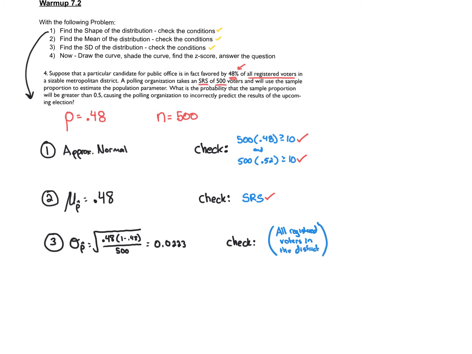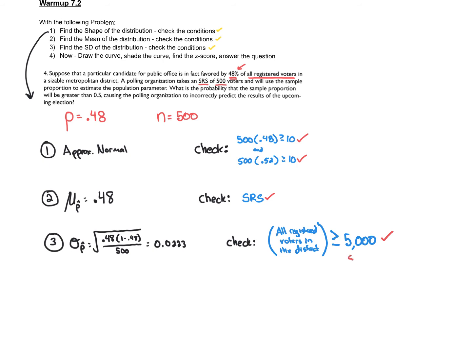Now, it does say a sizable metropolitan district. So think like Portland area, think like Multnomah County or Clackamas County. Do we believe that there's greater than, I'm gonna take my sample and multiply it by 10, it's gonna be 5,000. Do we believe that there's more than 5,000 people in that sizable metropolitan district?